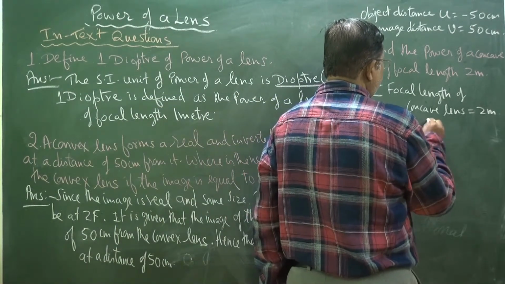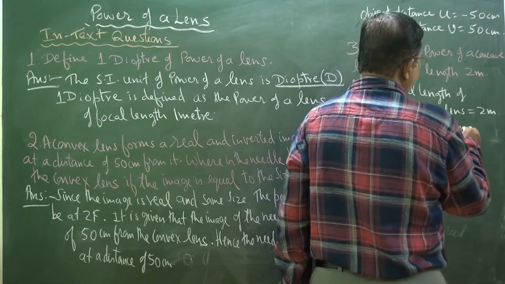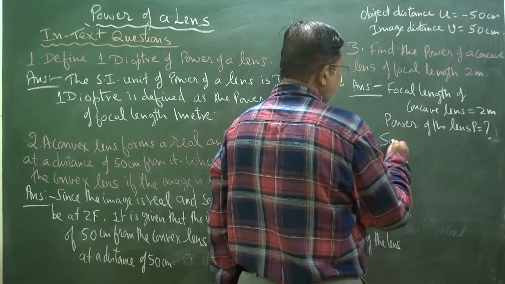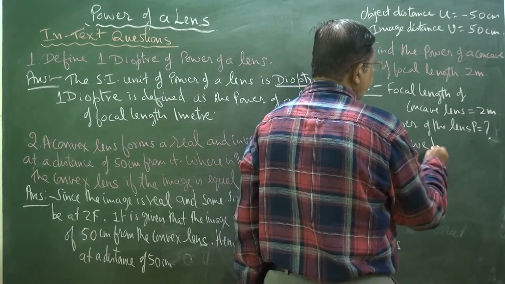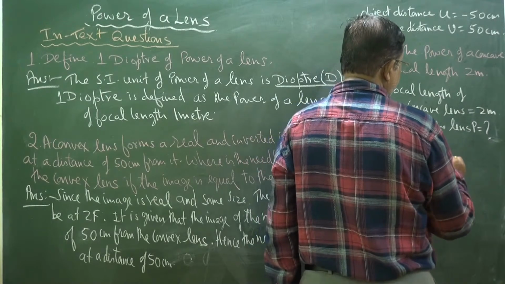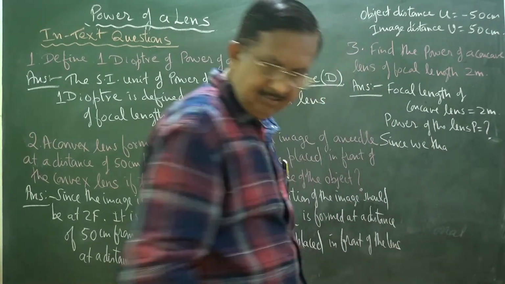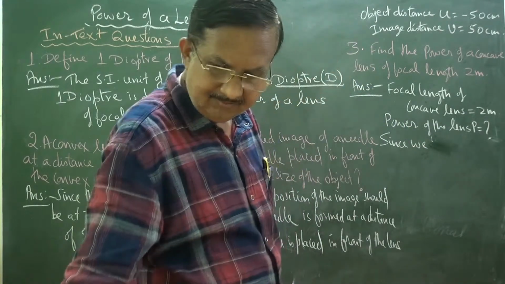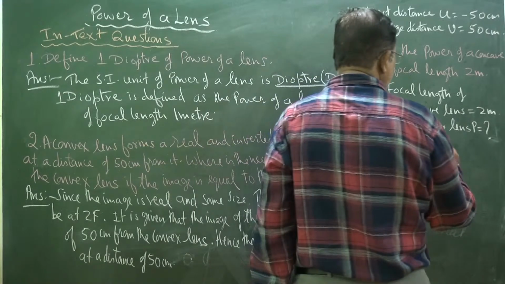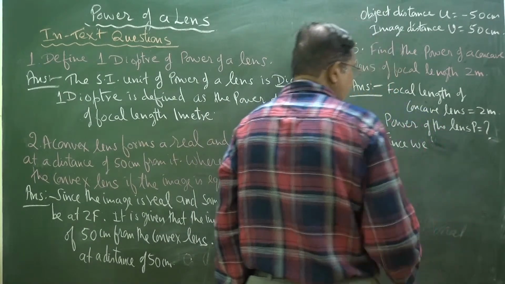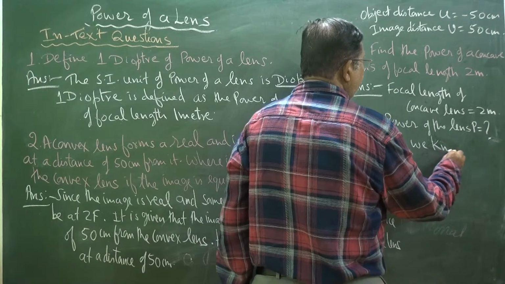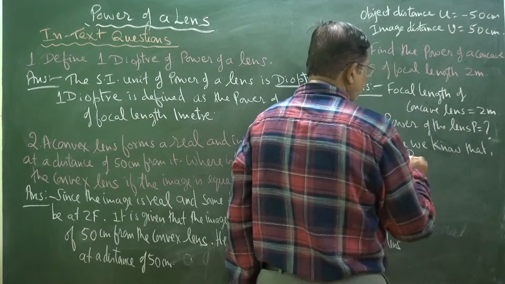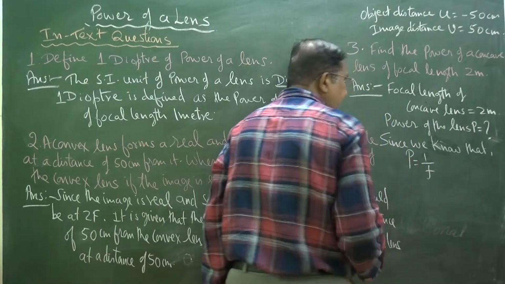Power of the lens P is equal to how much? Since we know that P is equal to 1 by F.